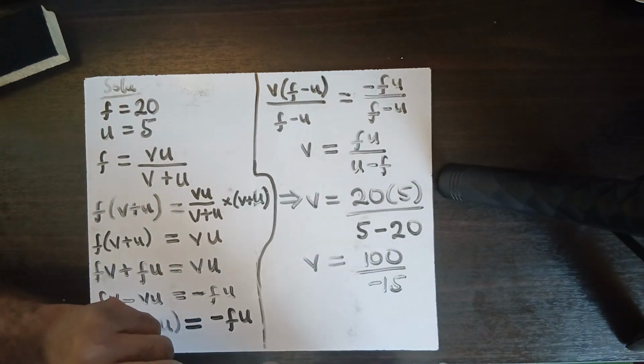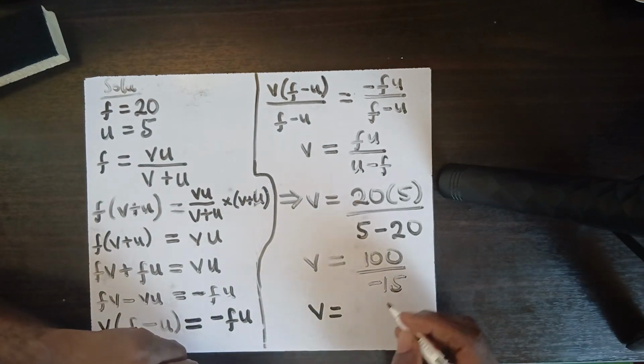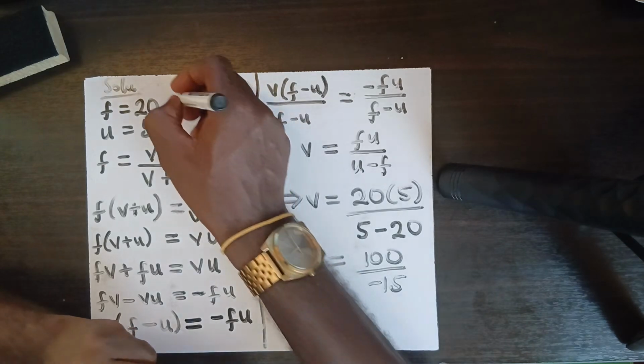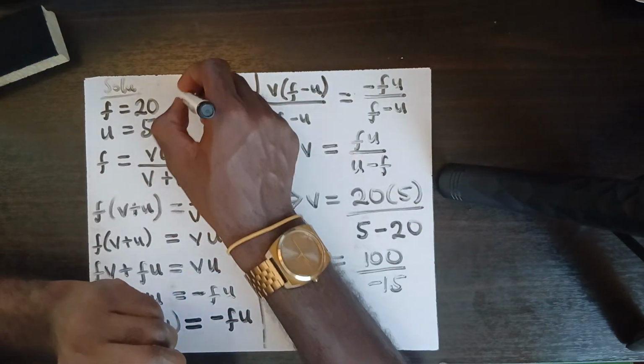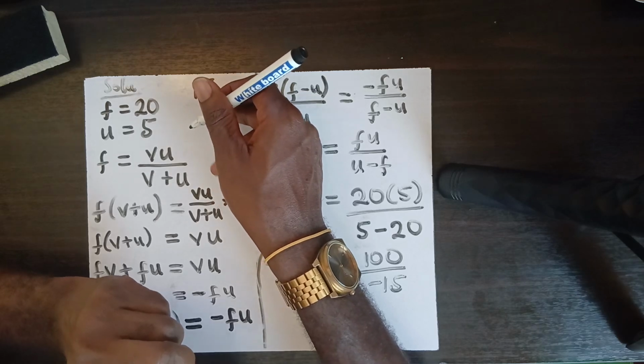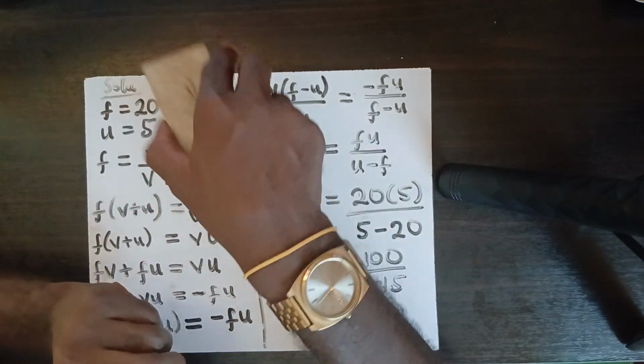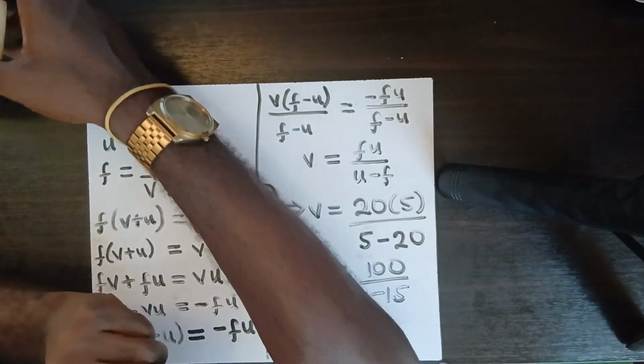So you can do your division. How many times will 15 go into 100? So let's test. 15 times 2 is 30. So times 4 will give us 60. So times 6 will give us 90.